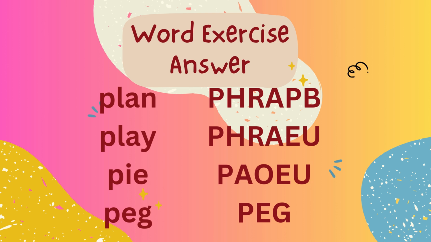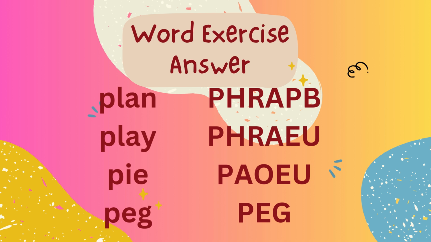For play, it's initial P, HR, and long A, so that's vowel AEU. For pie, initial P and long I, and for peg, initial P, vowel E, and final G. Did you get all four correct answers? I know you got correct answers.